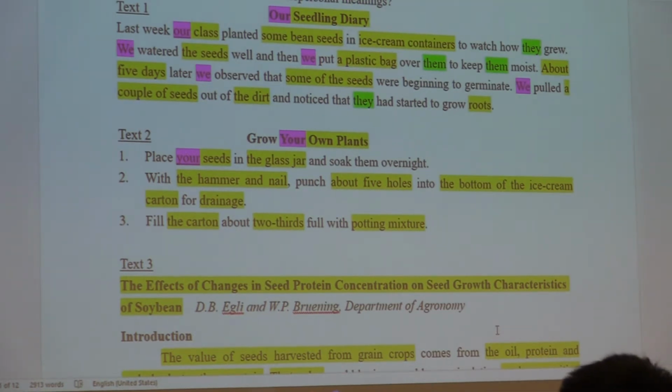What are the characteristics related to the nouns or noun phrases? What can you say? More pronouns. And what kind of pronouns are there? We, our. Because it's a diary, it's about yourself or your friends, your classmates.